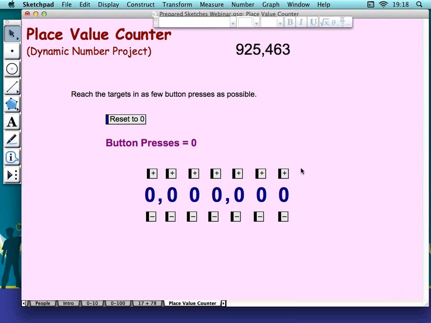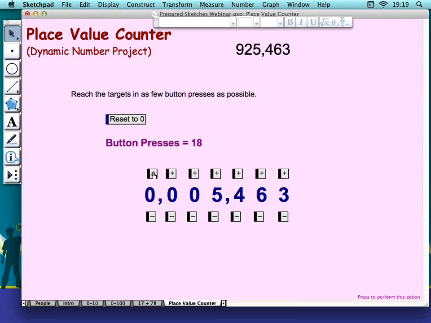So to get to that number, I could take an approach of clicking 1, 2, 3 in the ones place and 6 here and so forth, or I could do it really in any order. As I work on this, I may start to develop other strategies besides just going straight across from the ones place up to the 100,000s place.